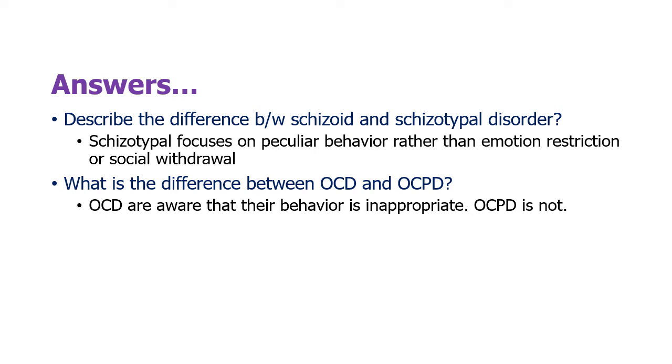Now, if you remember, schizotypal focuses on peculiar behaviors rather than emotional restriction or social withdrawal. So schizoid has everything, that peculiar behavior, emotion, and social withdrawal, whereas schizotypal is a type of schizoid, so it only has one subsection, the peculiar behavior rather than emotional and social characteristics.